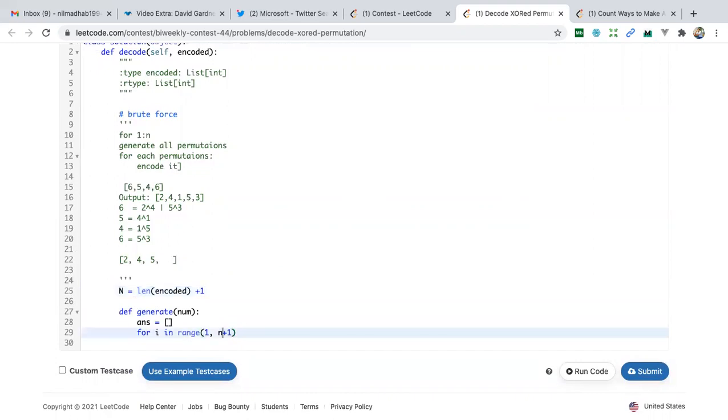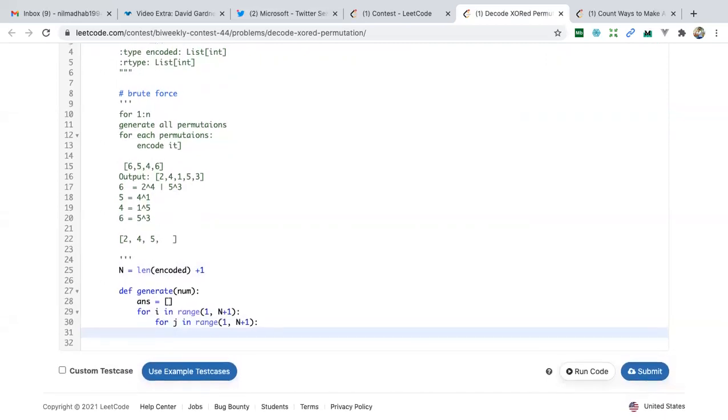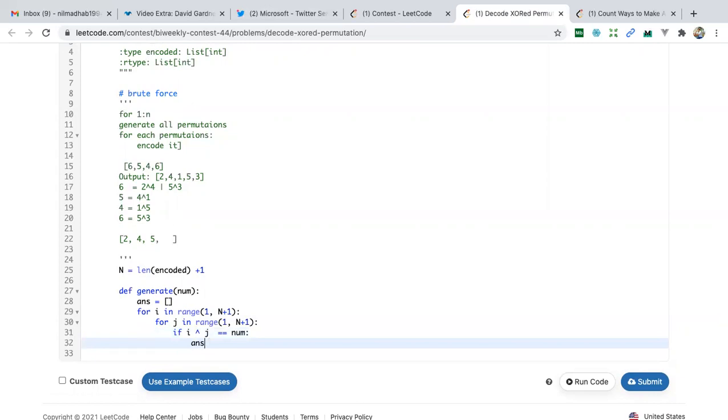So for j in range of 1 to n plus 1, if i j equals the number, then answer dot append i and j.